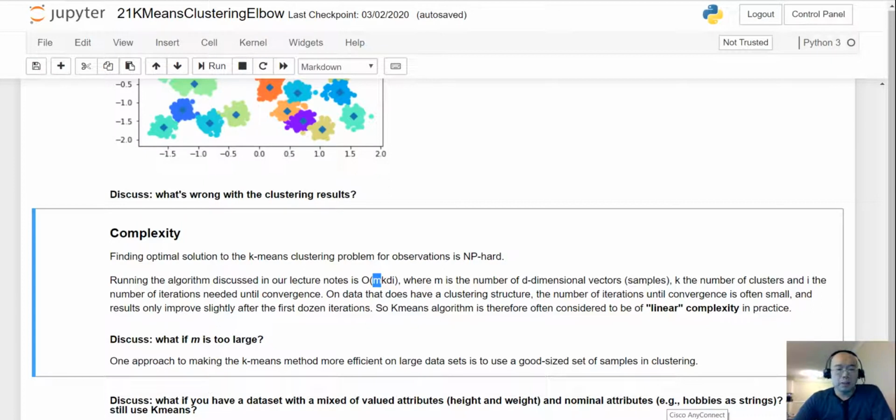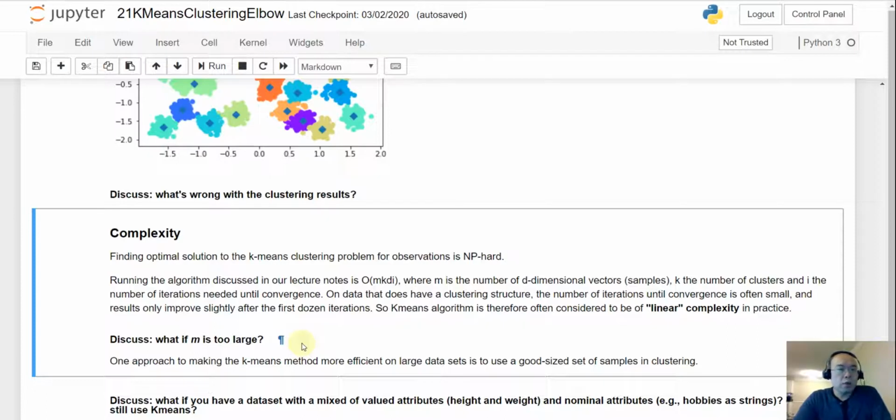The next question is, what if m is a very large value? A lot of algorithms struggle a lot with a very large dataset, and K-means does okay with larger datasets. For example, a week ago we talked about SVM, an algorithm that struggles a lot with large datasets.